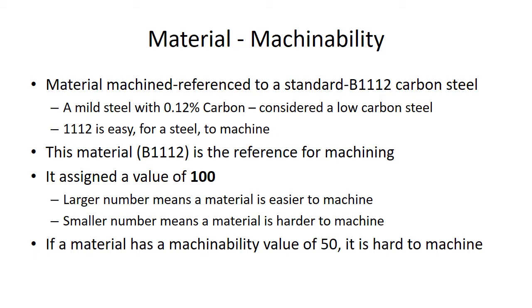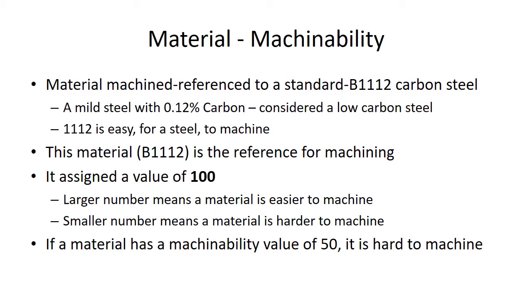And so they decided to use a particular mixture of carbon steel, 1112. It's a mild carbon steel, nothing in there much but carbon, a little manganese, and then iron. It has 0.12% carbon. It's really very soft for steel. It's easy to machine, and they said this is going to be our reference. And so they assigned that a value of 100.